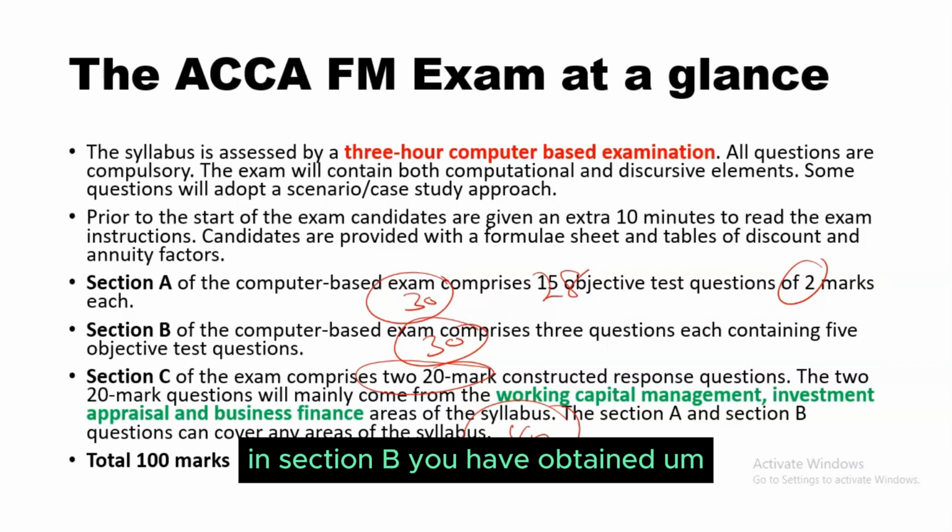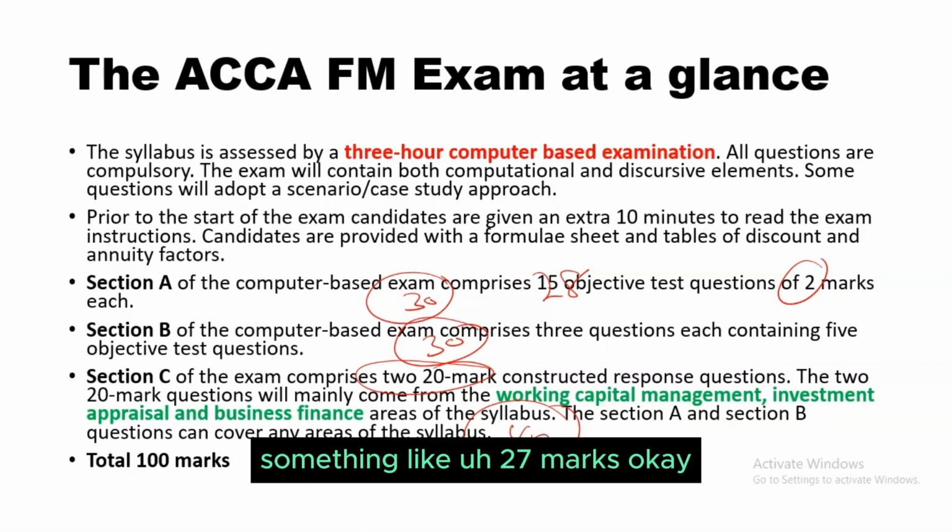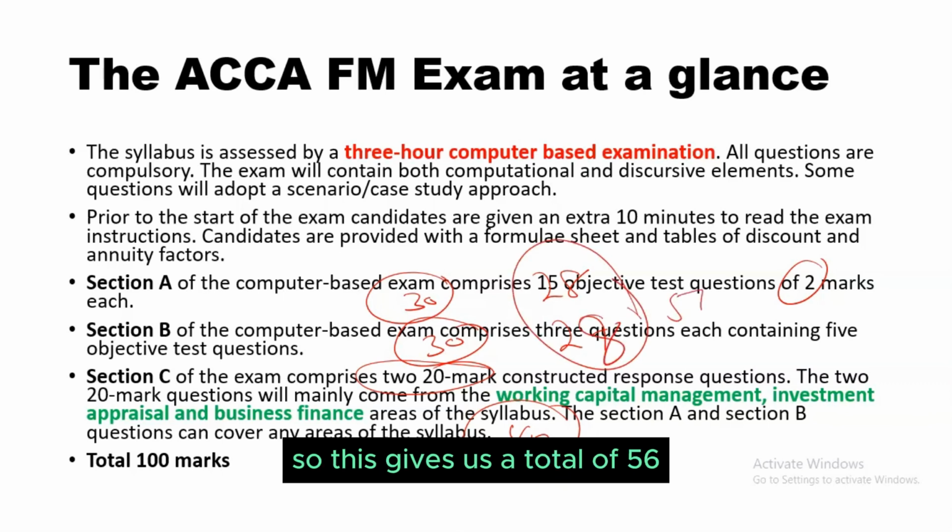So let's say, for example, in section A, you have obtained 28 marks, and in section B, let me just say 28 marks. All right, so this gives us a total of 56.